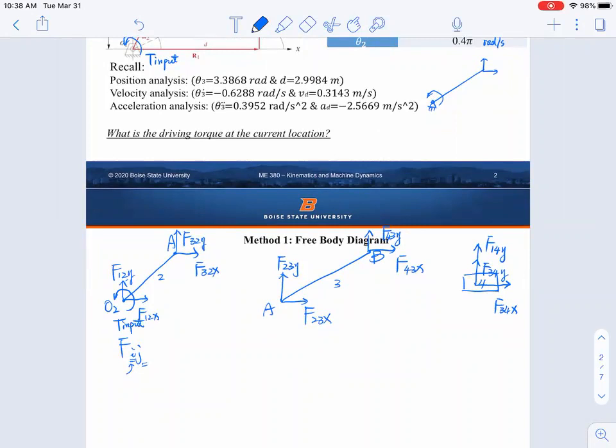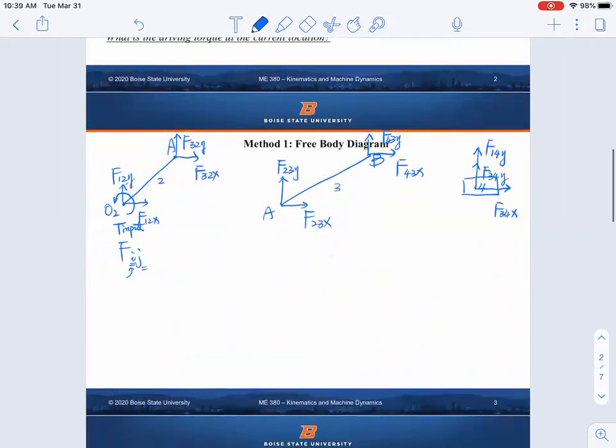So you have 1, 2, 3 free body diagrams. For each one, that should give you 3 equations. So for each link, you can just go to our previous lecture and then copy and paste what I did there.